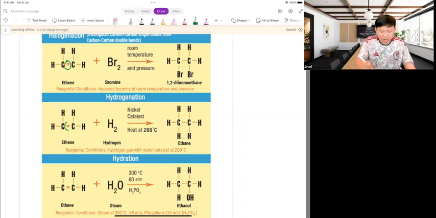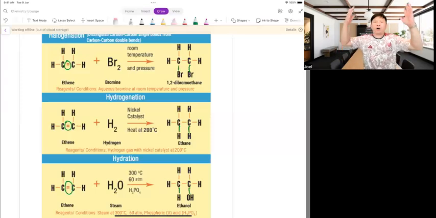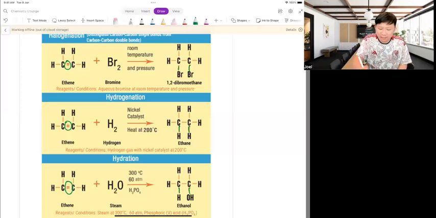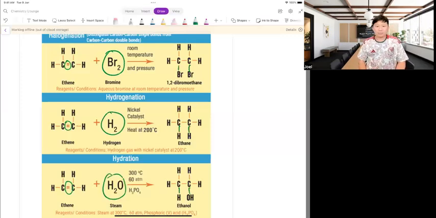Break, break, break. And form. Can you see now? So the addition reaction is breaking one of the double bonds and forming 2 new bonds for this guy to be added, this guy to be added, this guy to be added.